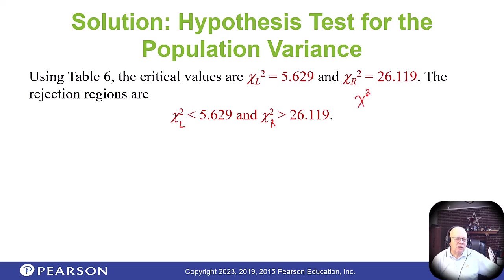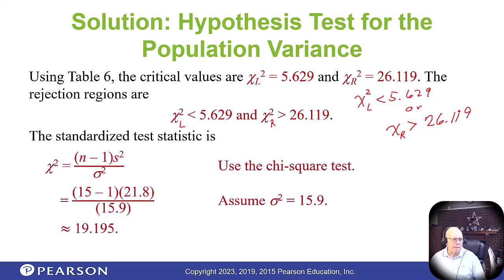We're going to reject the null if our test statistic on the left is less than 5.629, or we'll also reject it if our test statistic on the right is greater than 26.119.